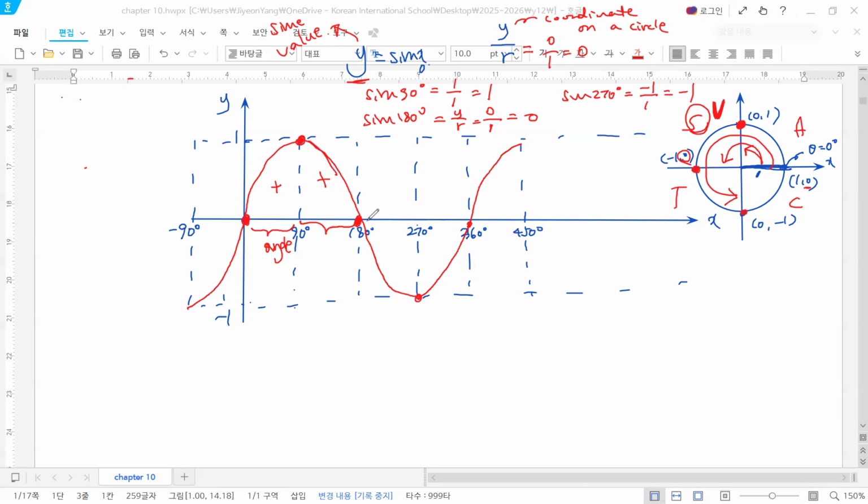When the angle size is between 180 and 270 degrees, which means here, third quadrant, tangent is the only value which is positive. It means the sine is negative. As you can see, sine is negative, right? Fourth quadrant as well, sine is negative. And between 360 and 450, it becomes the first quadrant again, so it's going to be positive.